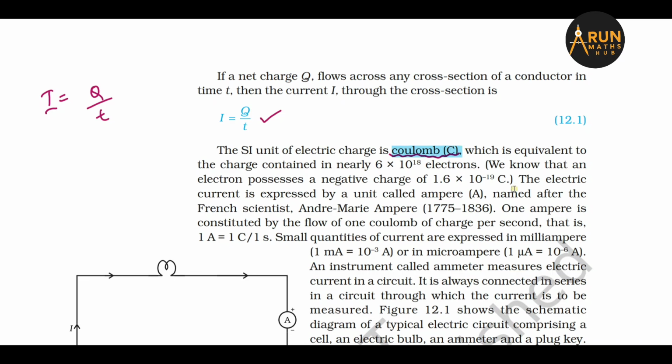Next, the SI unit of electric current is ampere. So from this unit, a definite 1 mark question you can expect. Here the electric current is expressed by the unit ampere.